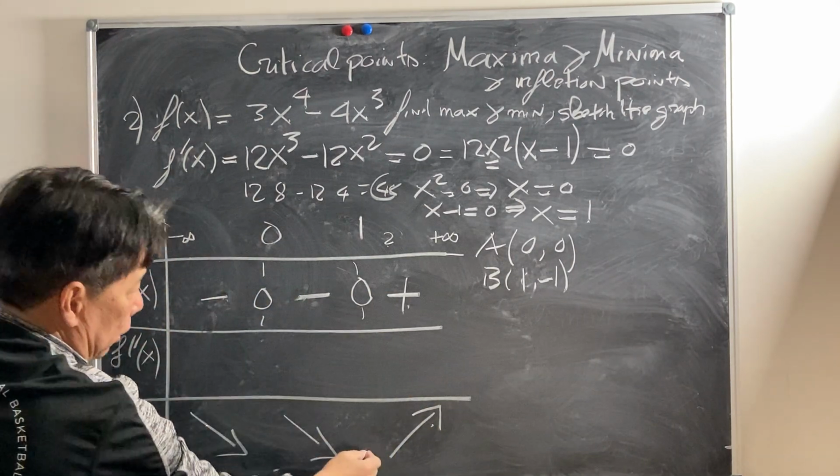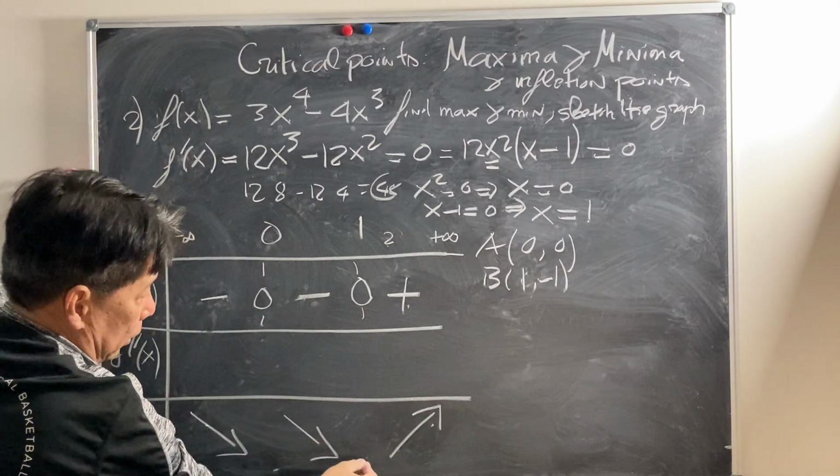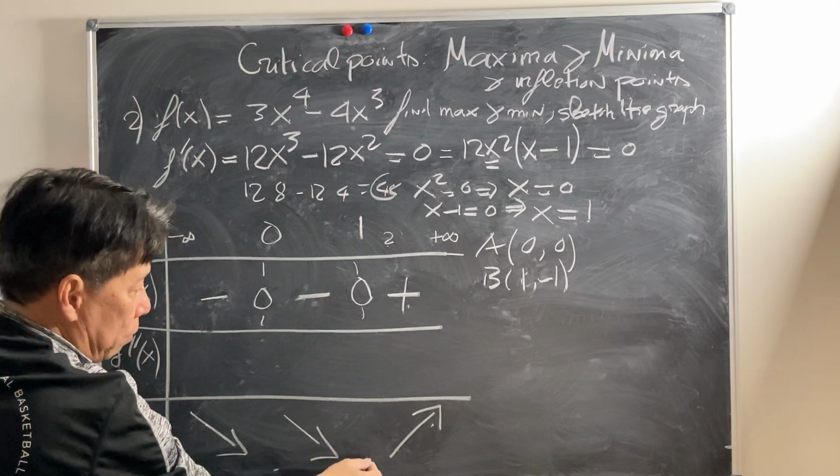Okay, so you can see this point goes from negative to positive. So when x equals 1, this point must be a local minimum.